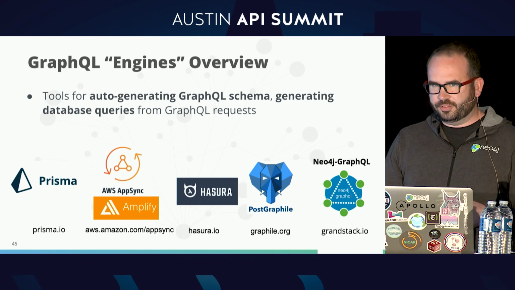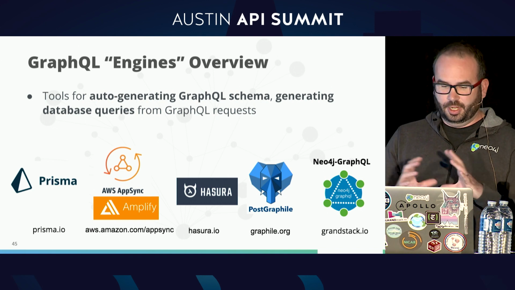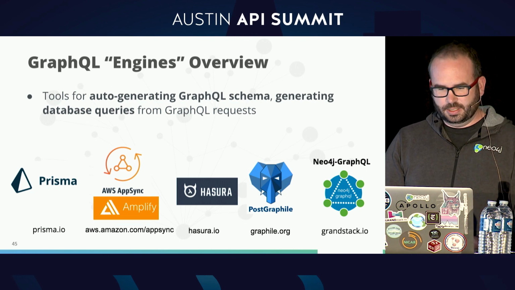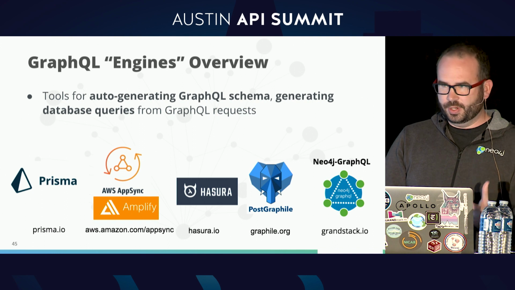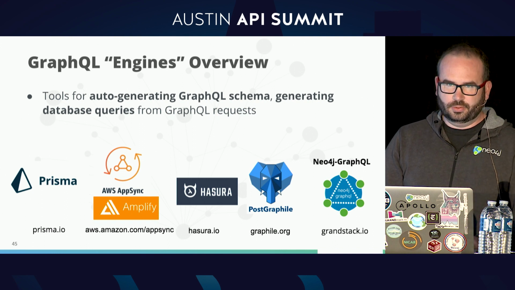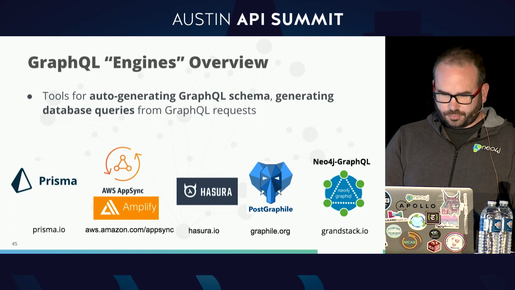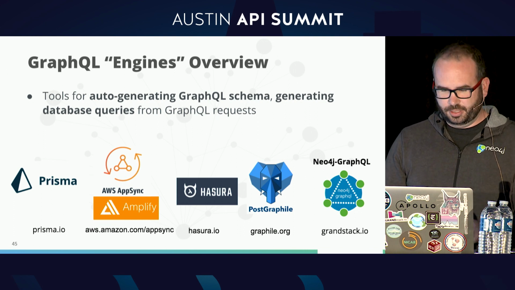Hasura and PostGraphile work with Postgres. AWS AppSync is a service for exposing AWS resources through GraphQL. And then Prisma is a more generic tool for working with multiple databases in GraphQL.